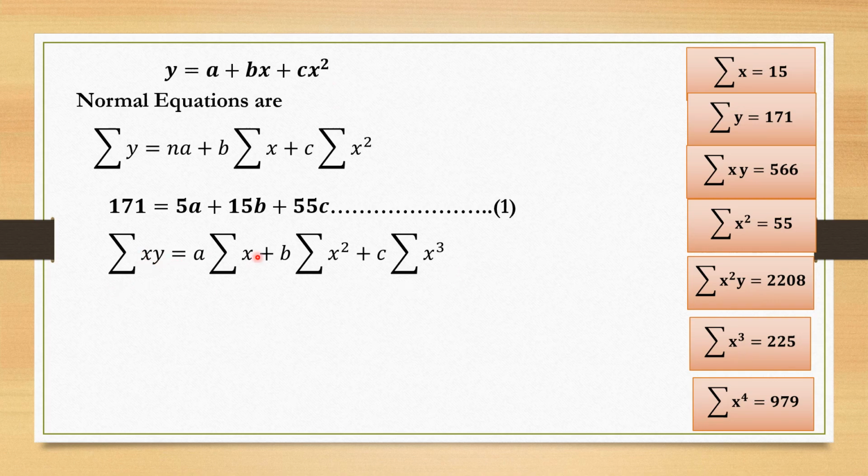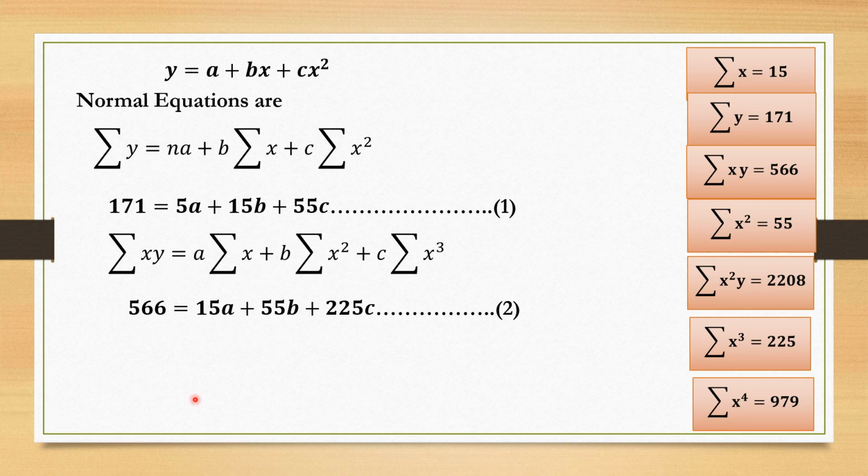Again substituting for xy, x square and x cube. Summation xy is 566, summation x is 15, summation x square 55 and summation x cube is 225. Again substituting those values. So 566 is equal to 15a plus 55b plus 225c. Name it as equation 2.